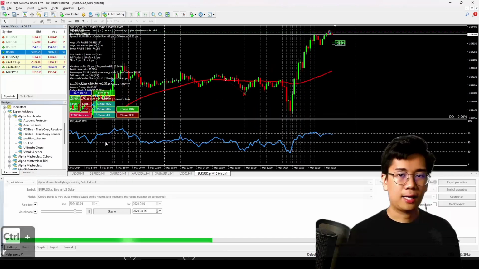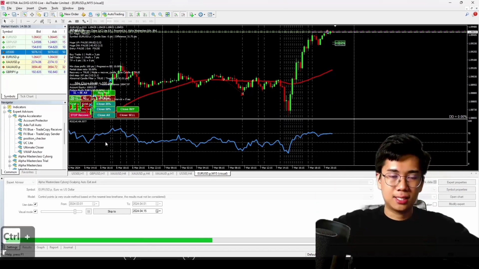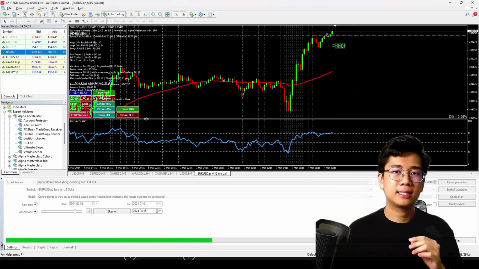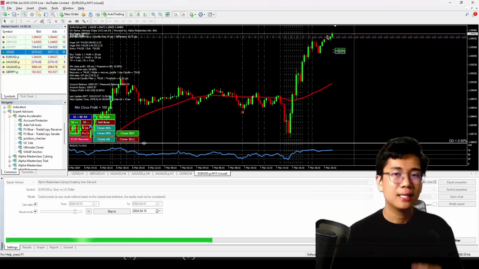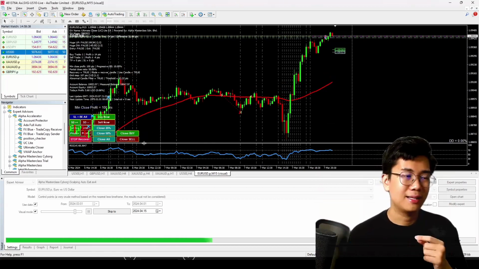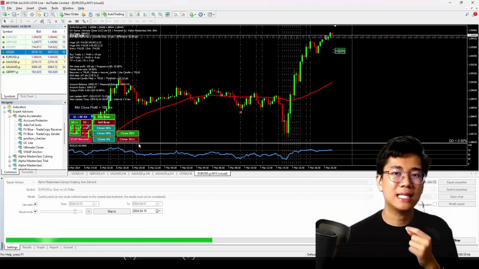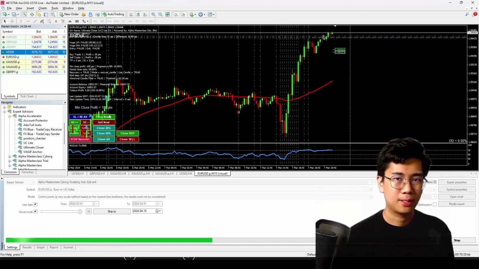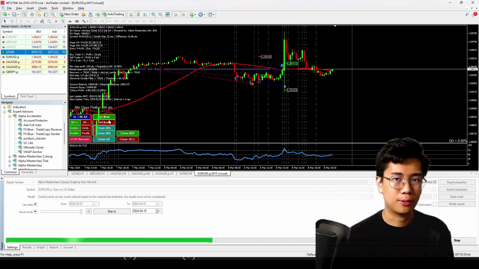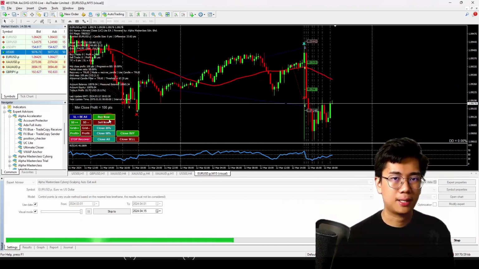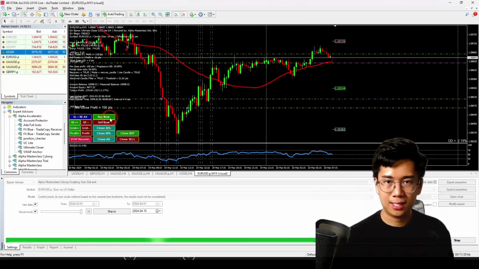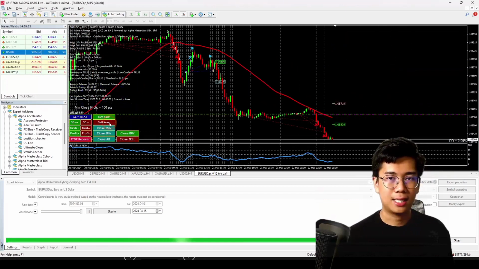And I'm going to speed up the entire simulation by just randomly buying, selling, buying, selling. Let's see what the result turns out to be, how the robot helps you make a profit even though you know nothing about trading. Speed it up to the max and buy, sell, buy, sell, just randomly clicking.